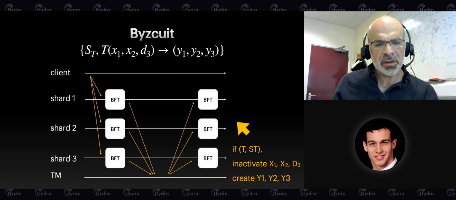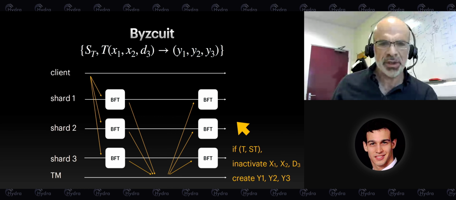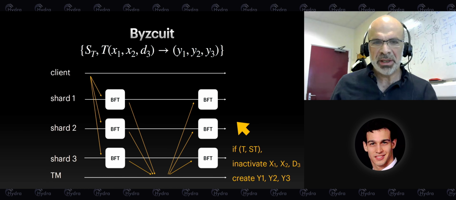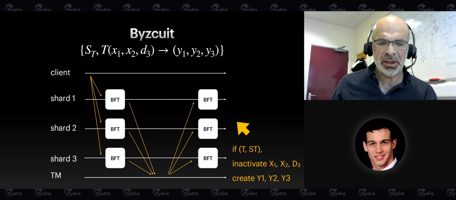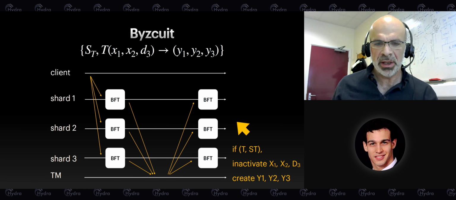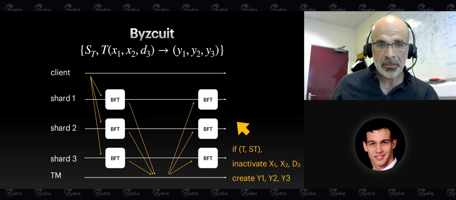This is a bit suspicious to me, that you said there is no signature. Are there any certificates associated with these messages that would prove that the coordinator is actually doing something legitimate, which was supported by the actual shards? So the coordinator does not sign.